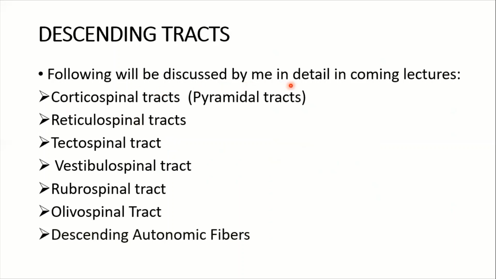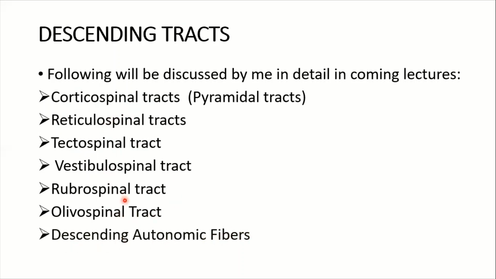And the detail of what the descending tracts are in total: the corticospinal tracts or the pyramidal tracts, right? And they have two parts. I'll show you in the picture: the reticulospinal tracts, the tectospinal tract, vestibulospinal tract, rubrospinal tract, olivospinal tract, and the descending autonomic fibers.